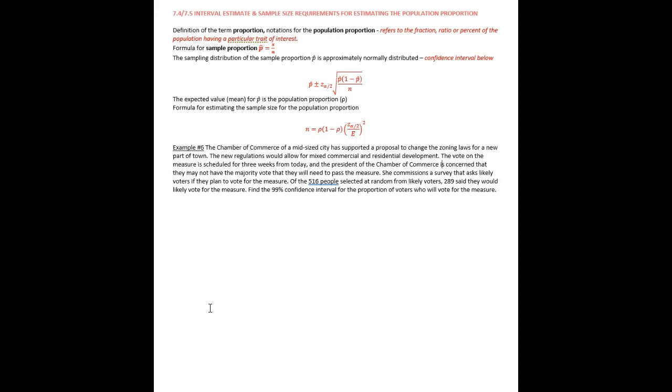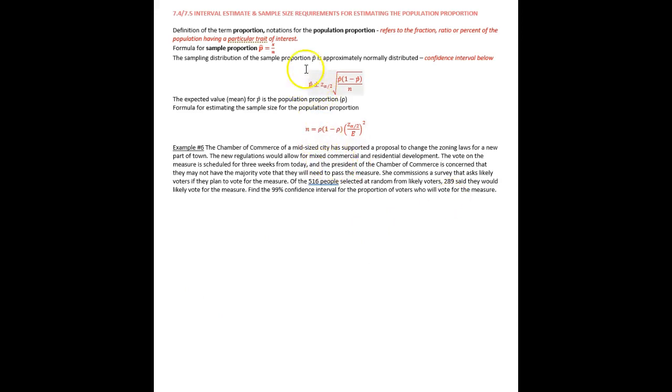This is to try to predict P or rho, as it's called. So what would be the true population proportion? Okay, so this would be used when we're talking about binary examples, like preferences, ratios, that sort of thing.